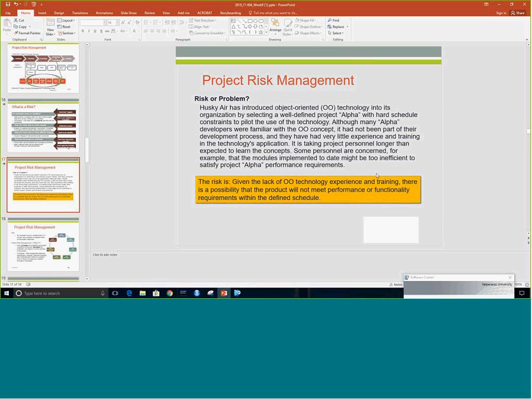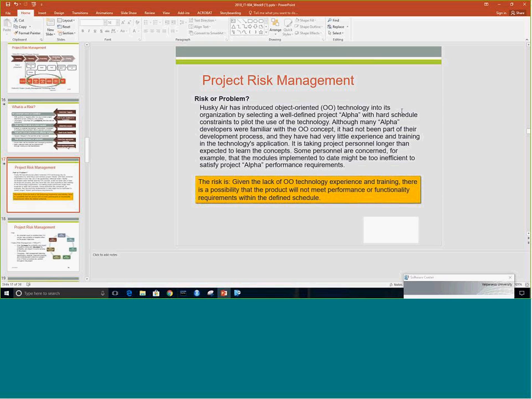So now, as you read over this project risk management slide here, we want to understand also the difference between a risk and a problem. As I said before, a risk has a likelihood or probability attached to it, which means it can occur, it doesn't have to, but you want to be prepared, right? Now, a problem has already occurred or will occur with a probability of 99%, or higher than 95%, whatever the organization has defined as such.